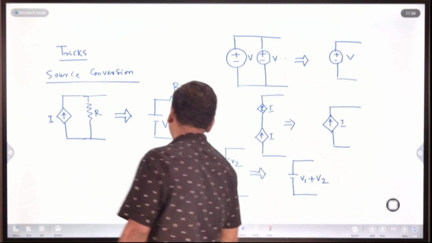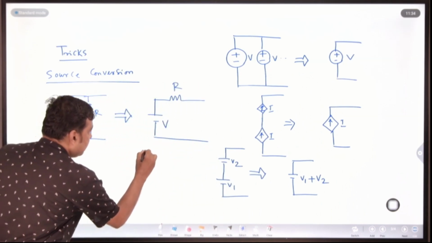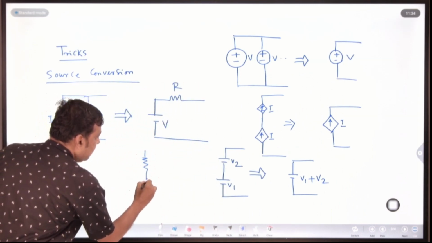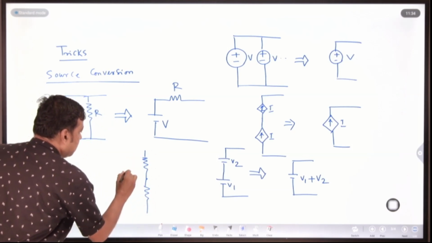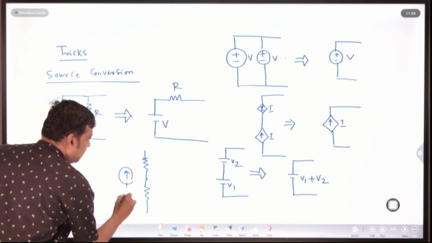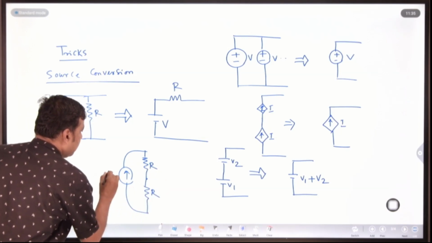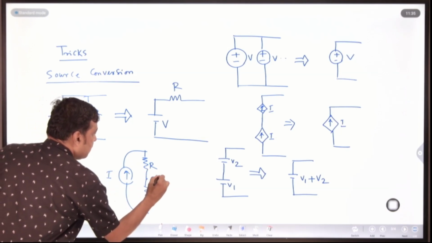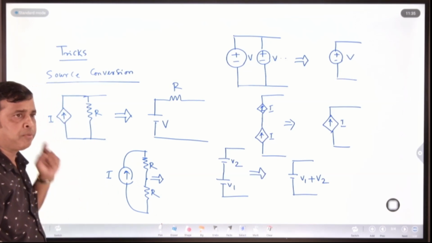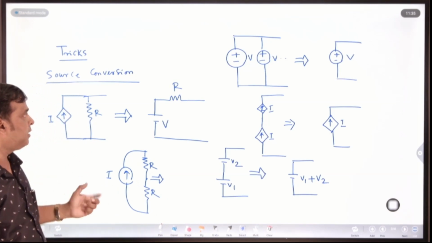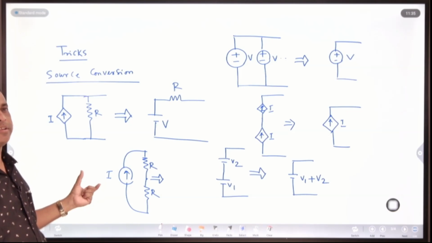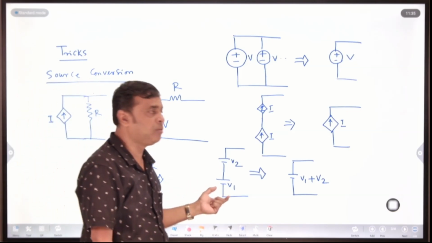Another thing: suppose there is a resistance here, and again there is a resistance, and suppose a current is flowing through this one, so this is R and this is I. When we solve different types of numerical problems, you will find the current source may be parallel with some resistance, or the voltage source in series with some resistance.